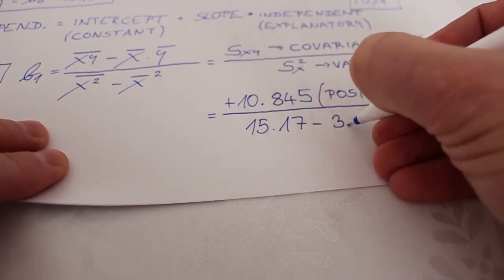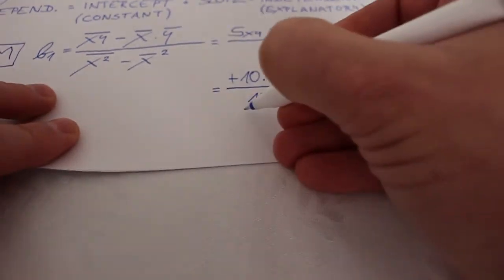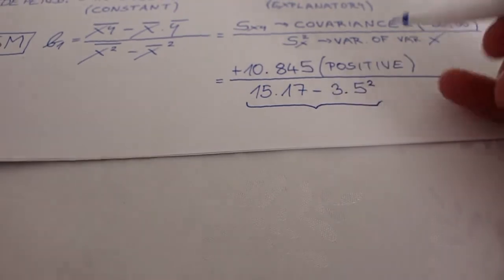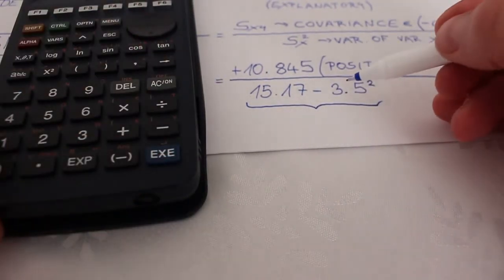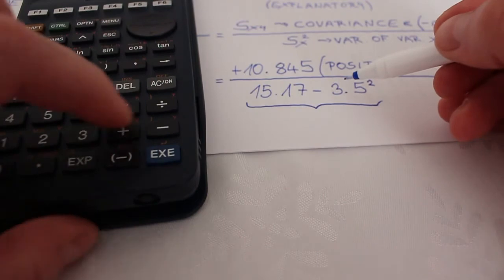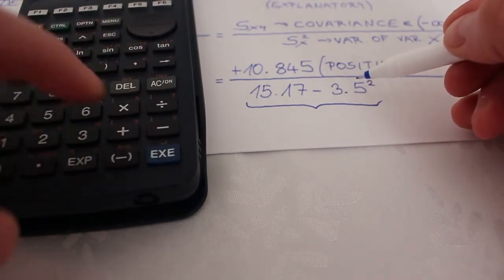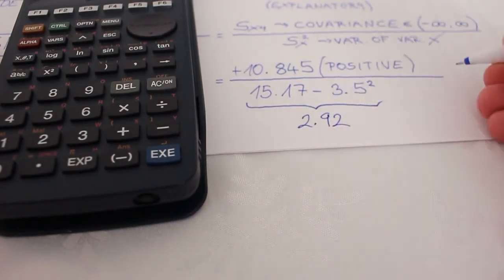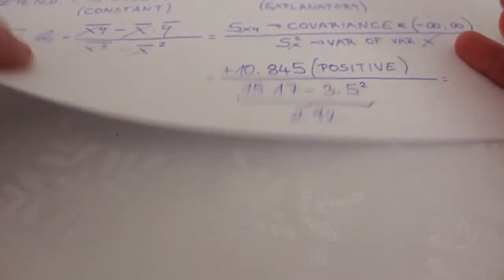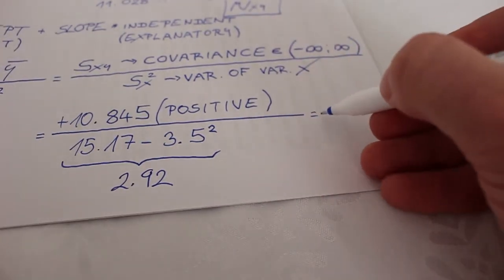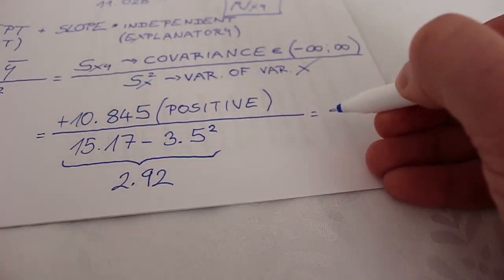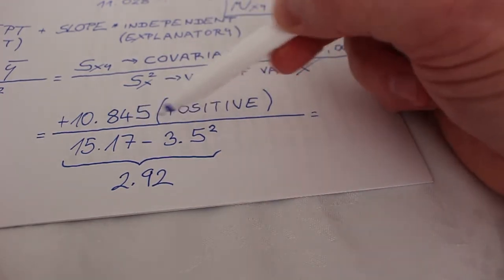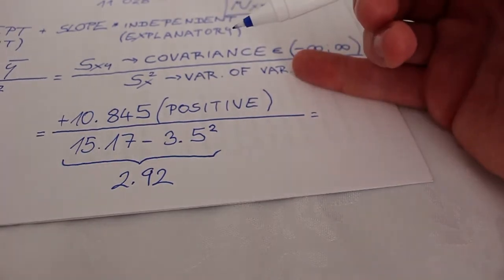This is variance, and variance must not be a negative value. So 15.17 minus 3.5 squared, enter, 2.92. So the sign, plus or minus, here is dependent only on covariance, because the denominator is non-negative every time.